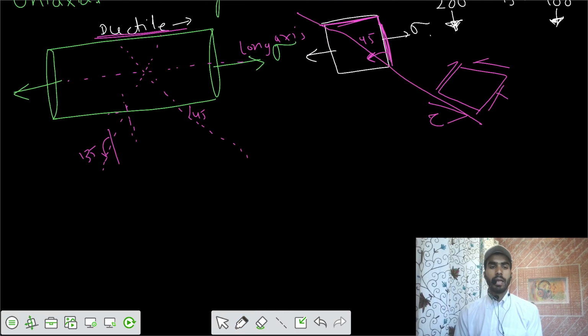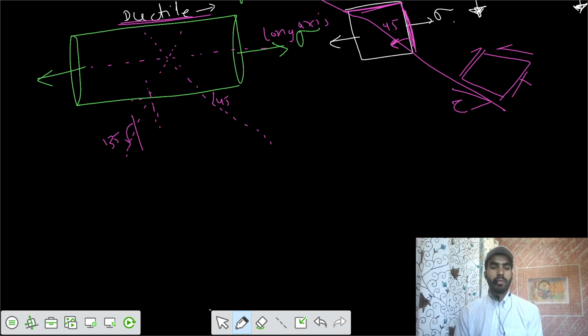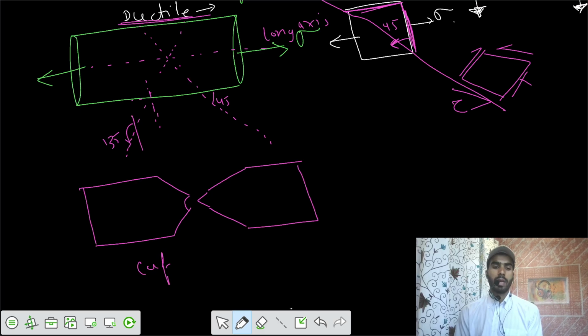The failure of this material would be in this form. We call this cup and cone failure, for ductile material in tension testing.